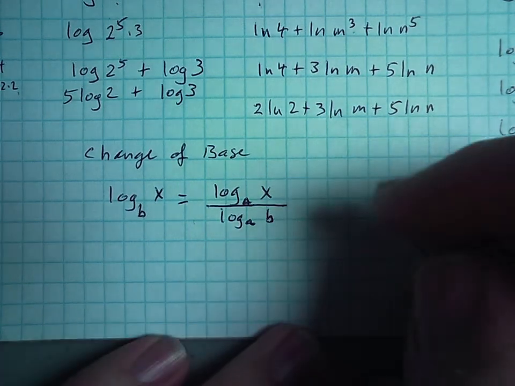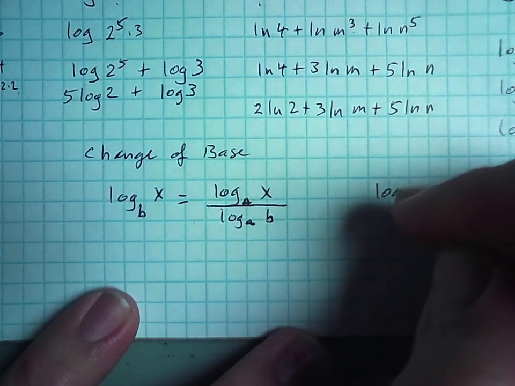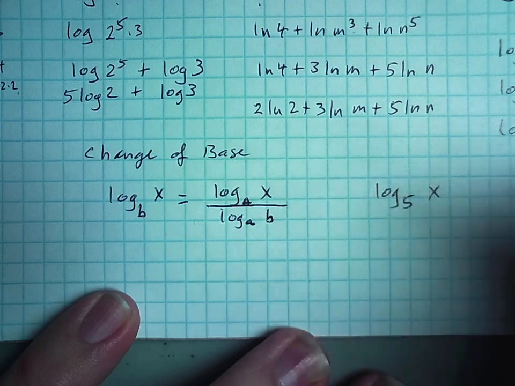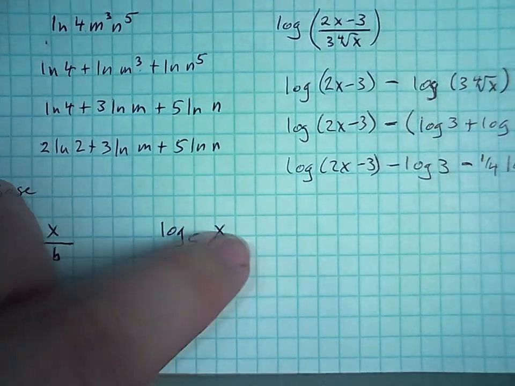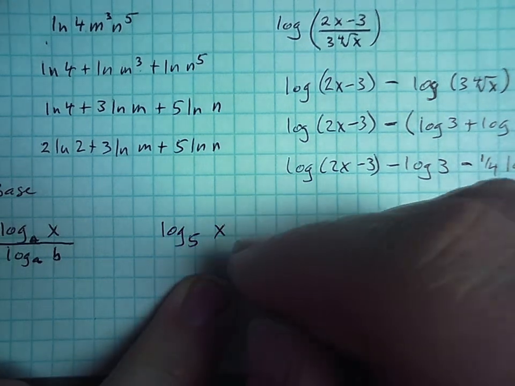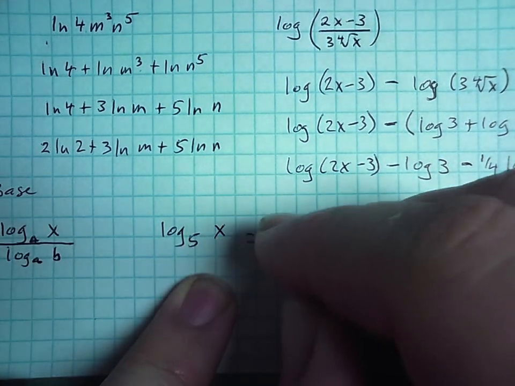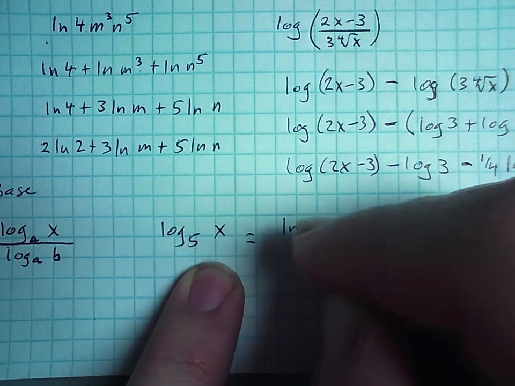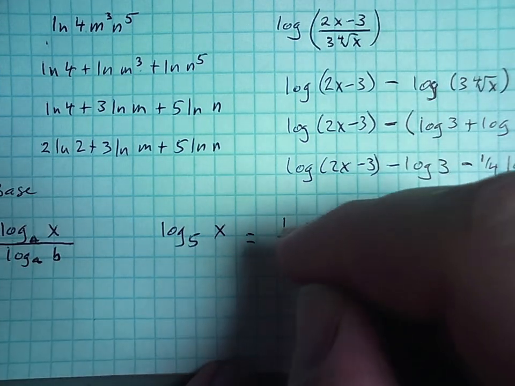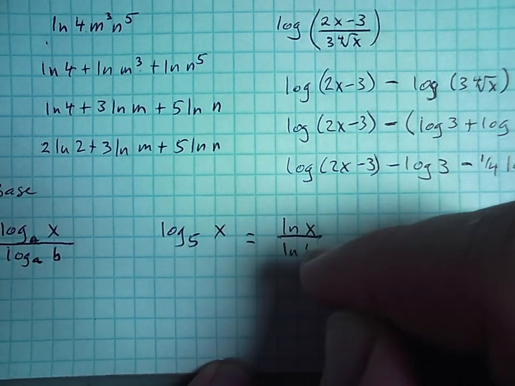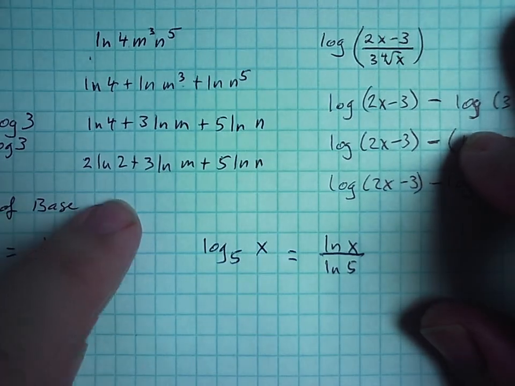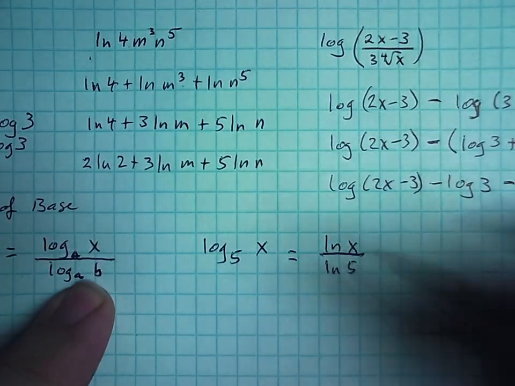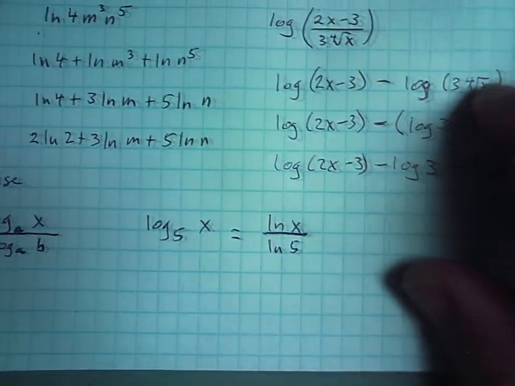So if I have a problem like log base 5 of x, I can rewrite this into any base I want. So if I want to use ln, because that's one of the buttons on my calculator, I can rewrite this as the ln of x, the original argument, divided by the ln of 5, the original base. And I can do that because ln is log base e, and e is one of the any numbers that I mentioned before.